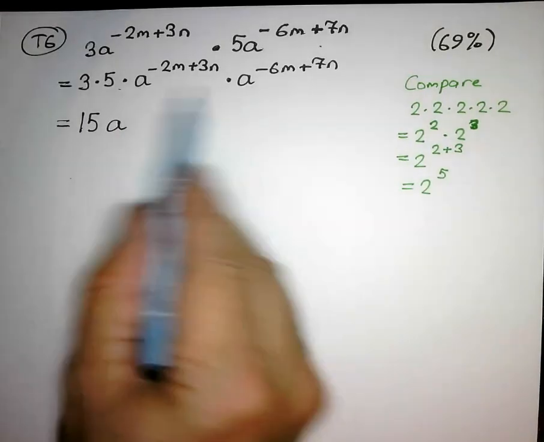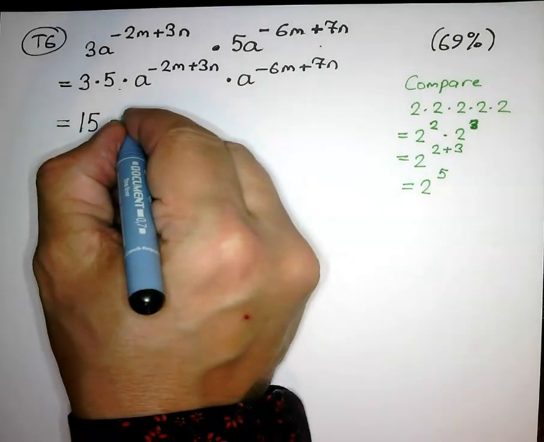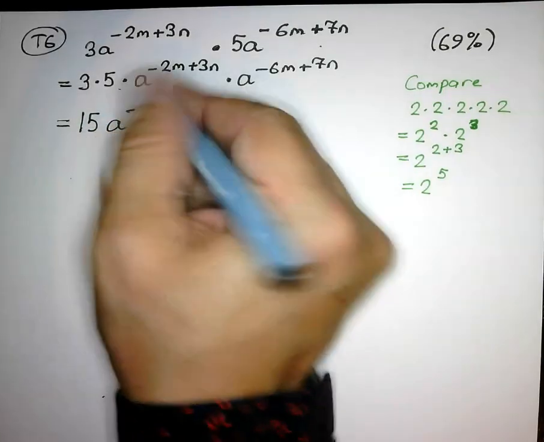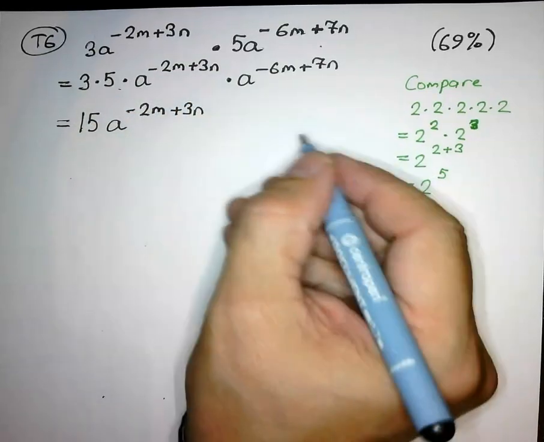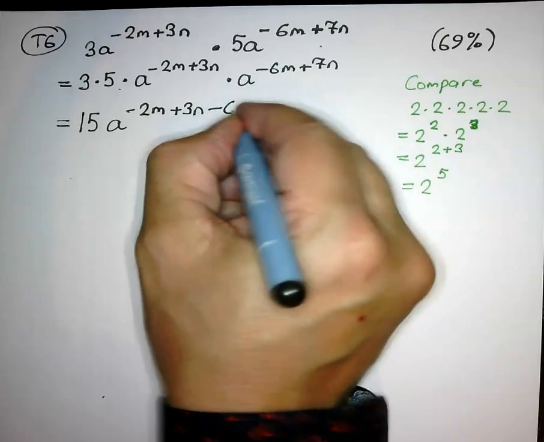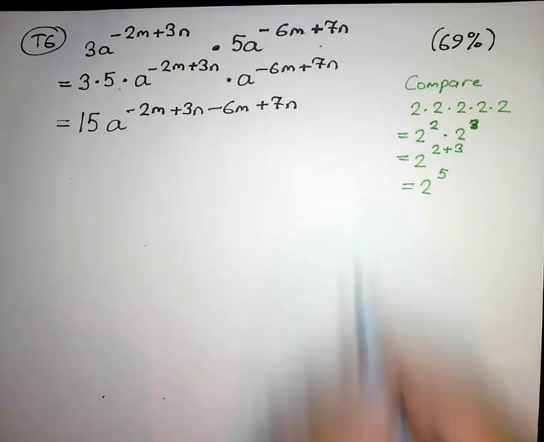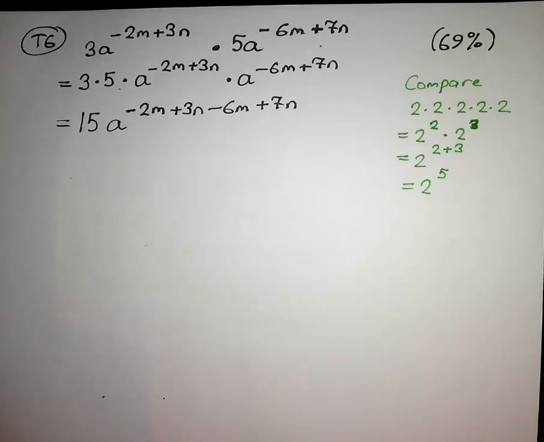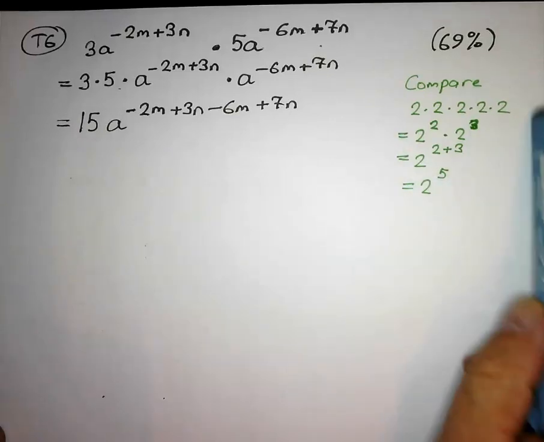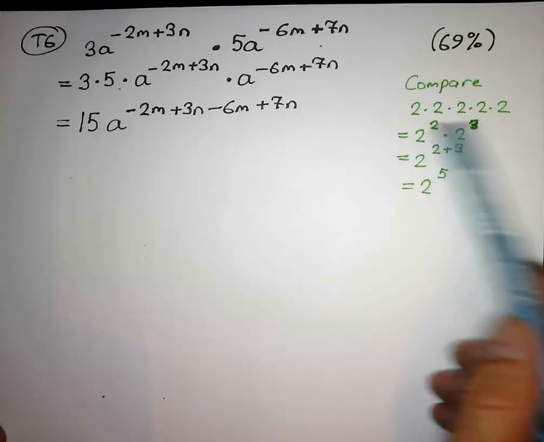We take the a here, and then we add these exponents together. So we have this minus 2m plus 3n, and then we add this minus 6m plus 7n. This is the most important part of this problem, to notice this. And it is the same rule as in this simple number example: you may add these exponents together.